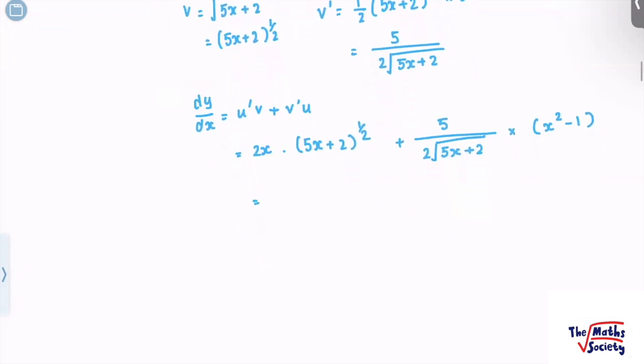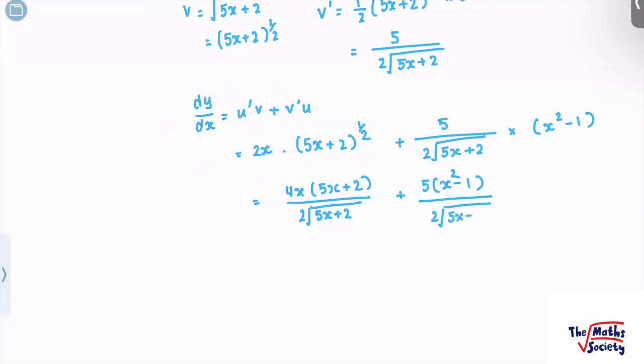So we're going to multiply them. Well, you get half, so that's going to be 4x times 5x plus 2 divided by 2 root 5x plus 2, and then you plus it with 5 times x squared minus 1 by 2 root 5x plus 2.